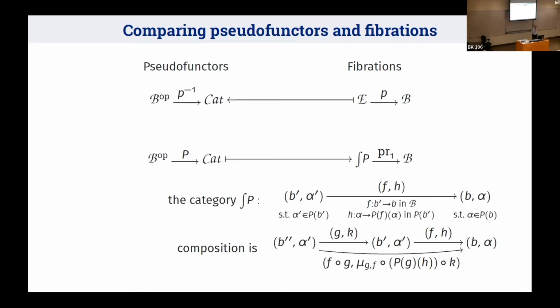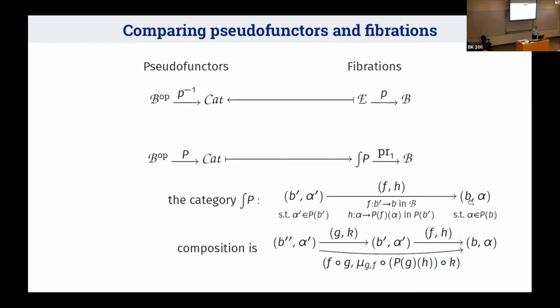The other way around, I find, is certainly slightly more interesting. One has to glue together, I used the wrong word, one has to add together, maybe it's better, all the pieces given by the pseudo-functor, all the categories P(B), keeping them well connected.